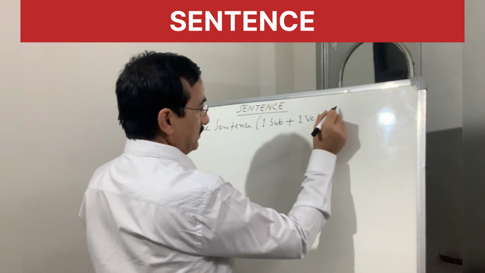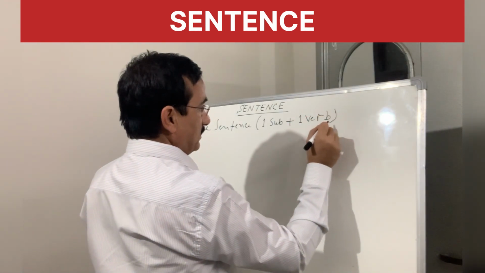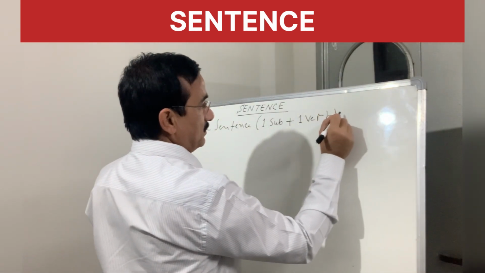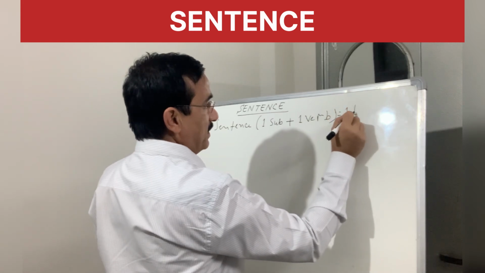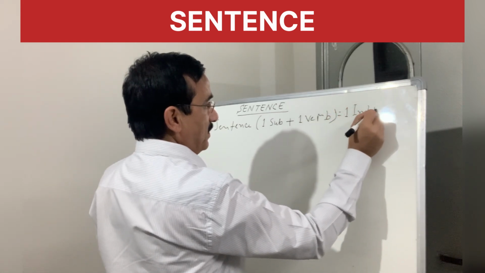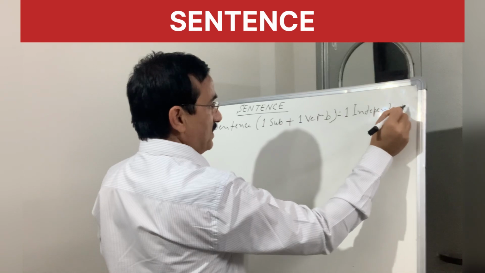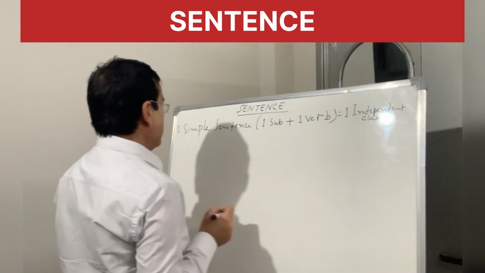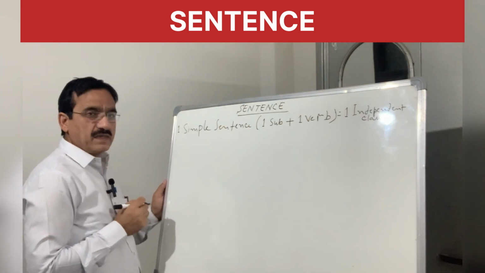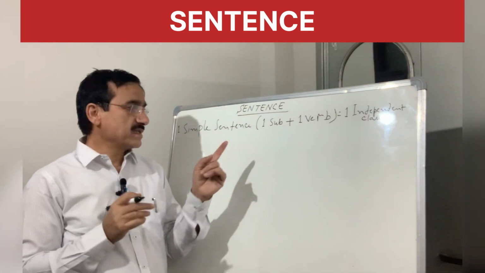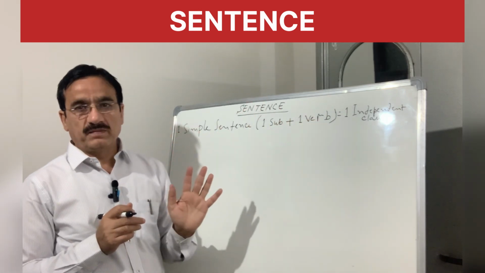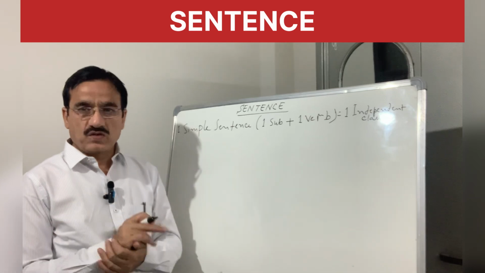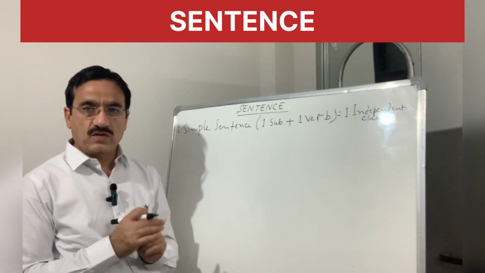That is, one independent clause. So for example, to construct a simple sentence, it has one subject and one verb. A simple sentence consists of one independent clause that is also called main clause.